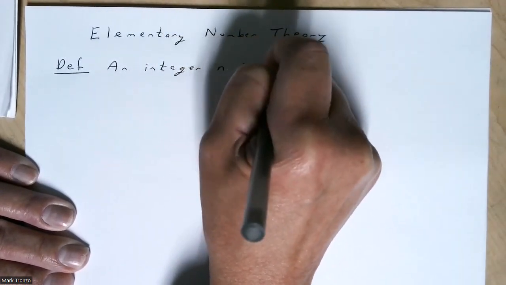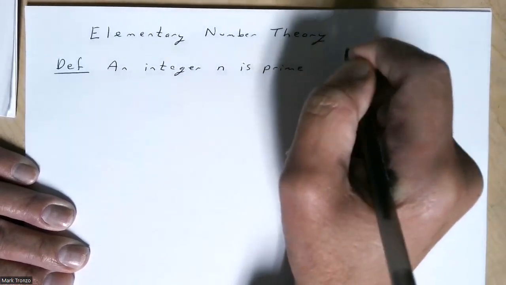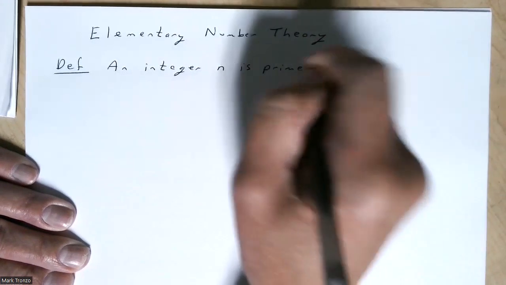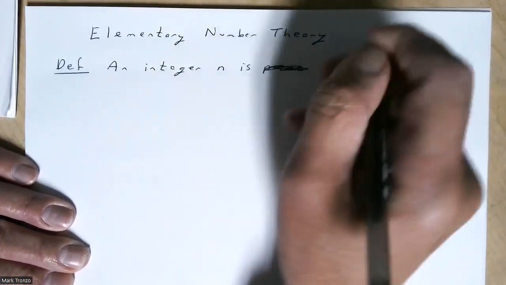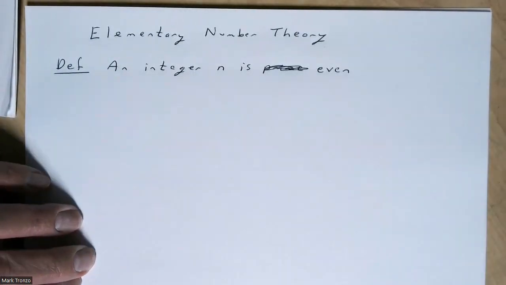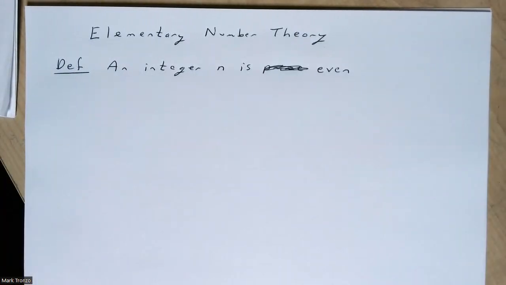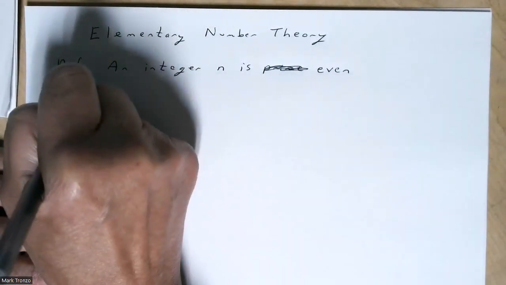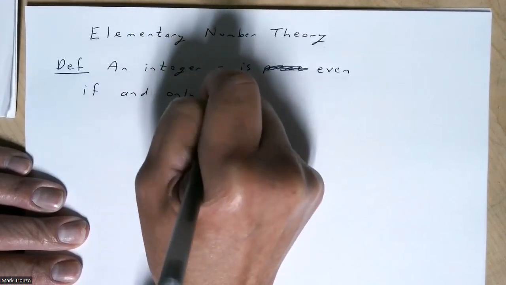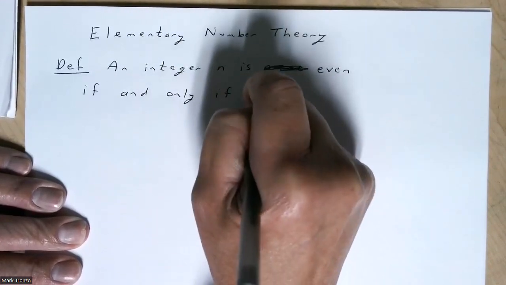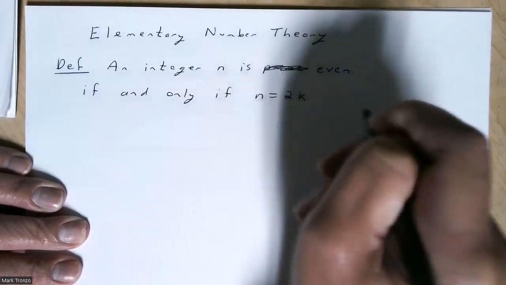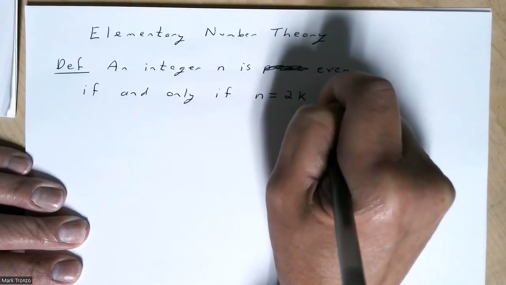Excuse me, I want to start with an integer n is even. An integer n is even if and only if n is equal to 2 times k for some integer k.